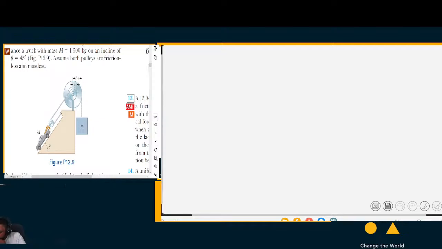The truck is also in equilibrium, so the sum of the forces must be equal to 0. Remember that the pulley doubles the rope, so 2 times the tension, minus the weight of the truck times the sine of theta, 45, must be equal to 0 because the truck is stationary.